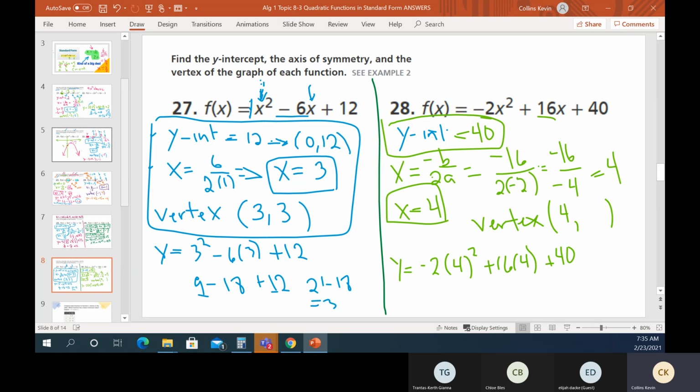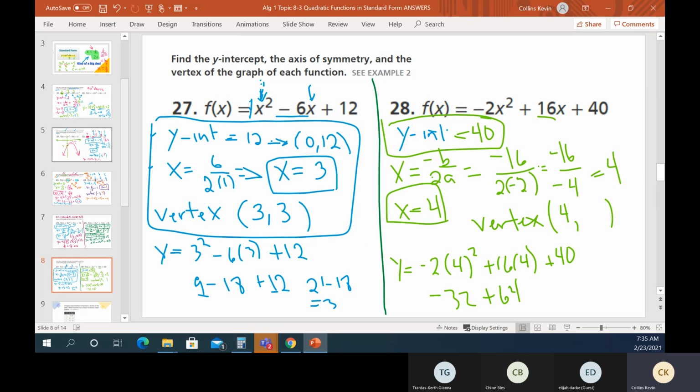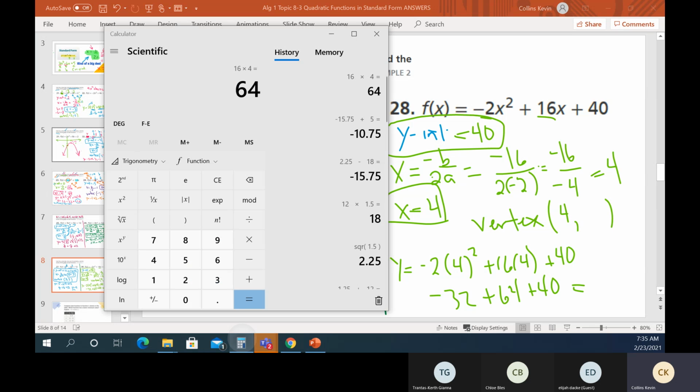All right, so we've got 4 times 4, that's 16. Then minus 2 times 16, that's going to be minus 32. The next one is 16 times 4. Yeah, we better do this, right? So 16 times 4, that's 64. So we have plus 64 and plus 40. All right, so we'll go ahead and do the calculator again. We already got the 64 in place, so we're going to add 40 to him. And then we're going to subtract 32. So this guy is 72.